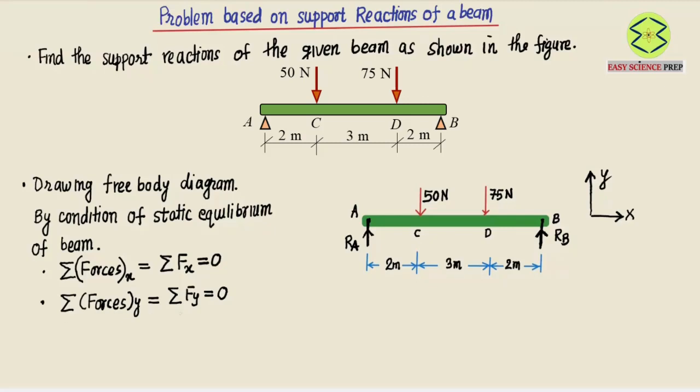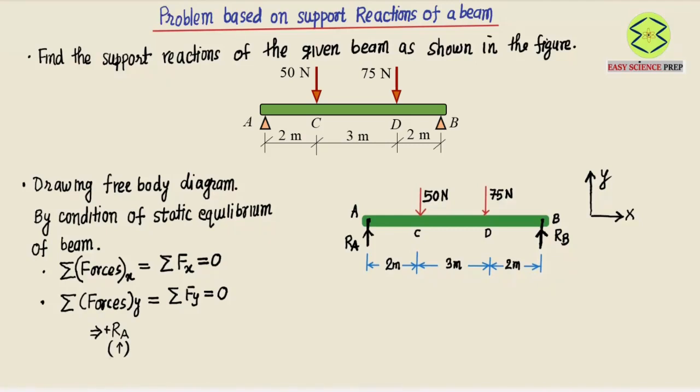When I take the summation of forces in the y direction, we have to follow some sign convention. All the upward forces we call positive and all the downward forces we call negative. RA is acting upward, so it is plus RA. You can take any sign convention, you can even take upward as negative, but then downward would be positive.